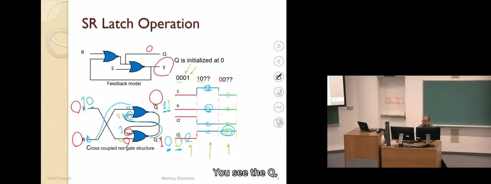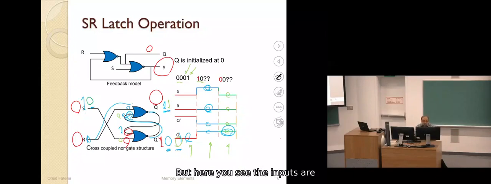You see? The Q, the output of the circuit, doesn't depend only on the inputs. If it was only inputs, when our inputs are the same, 0, 0, the output should be the same.